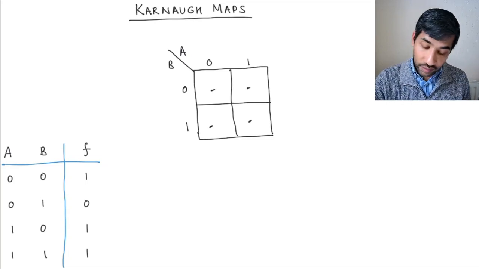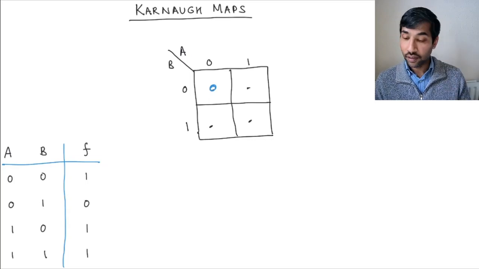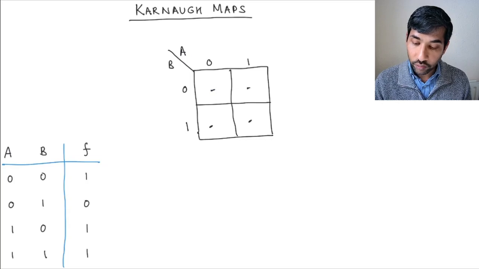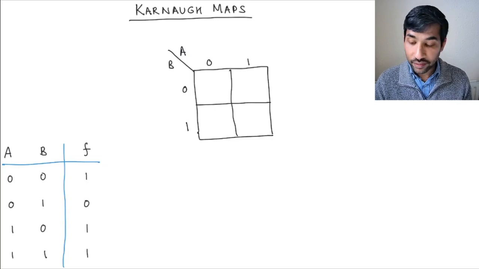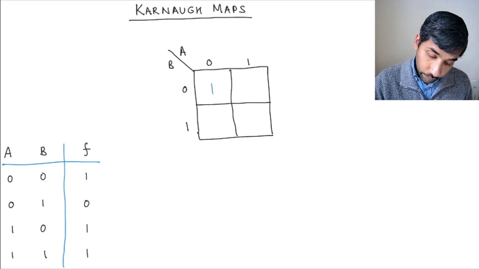So then you can see that if I'm talking about this square, this is the square where A is 0 and B is 0, right? And what I can do is write the output at this particular place. So what is the output when A is equal to 0 and B equal to 0? You can clearly see from here that it's 1. So I can write that here.